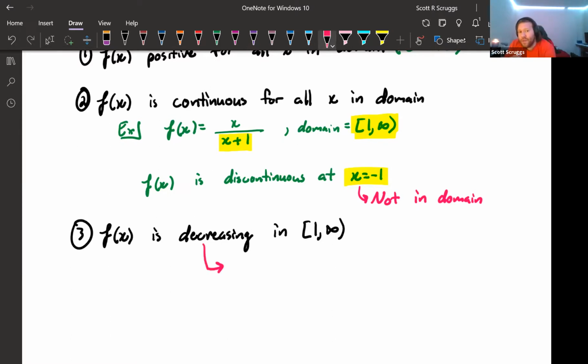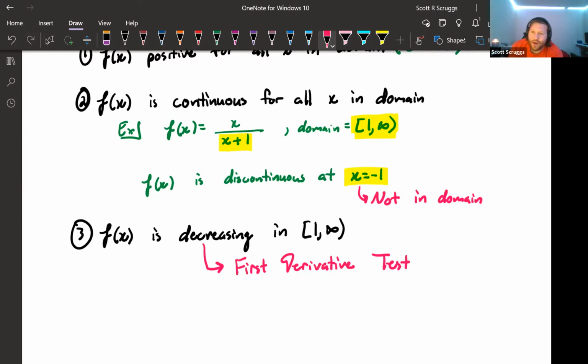Now, to show decreasing, the easiest way that I could think of is to use a tool from Cal 1. And that tool is the first derivative test.